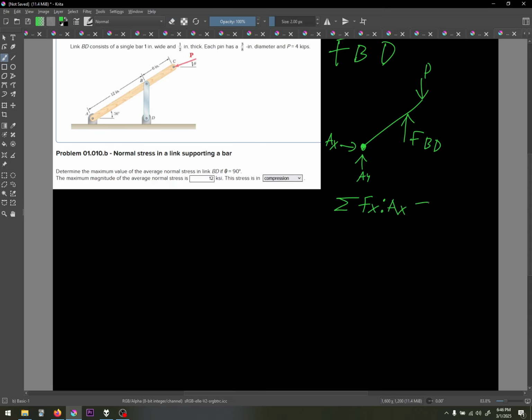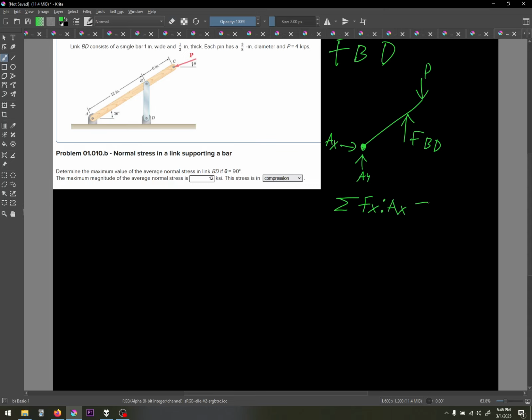Because that's 30 degrees, would we actually have sines and cosines for x? Is this force going to be broken up into cosine 30? Well, let's find out.